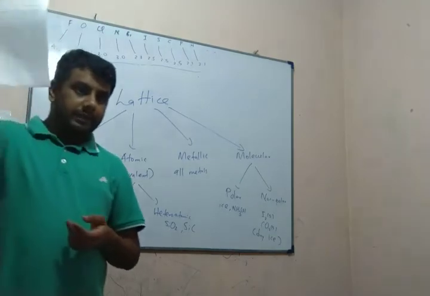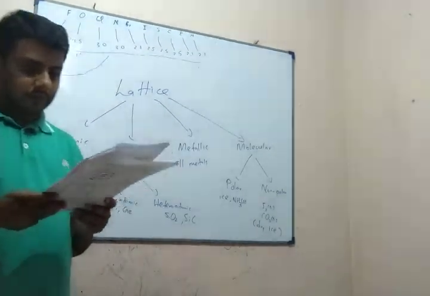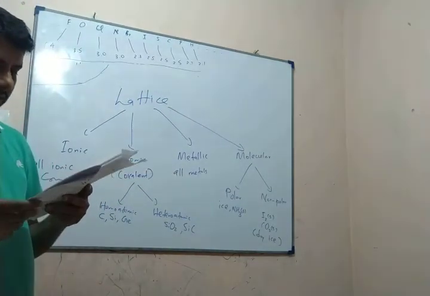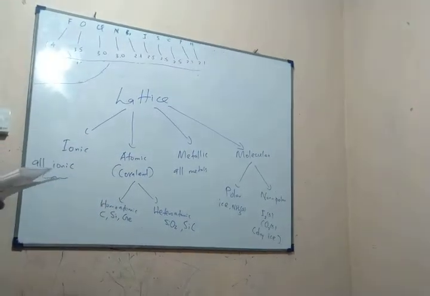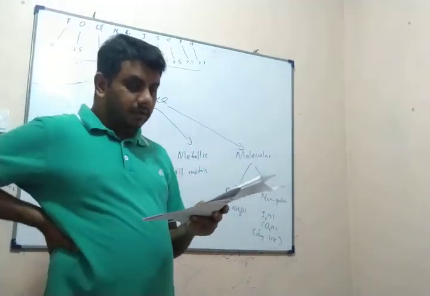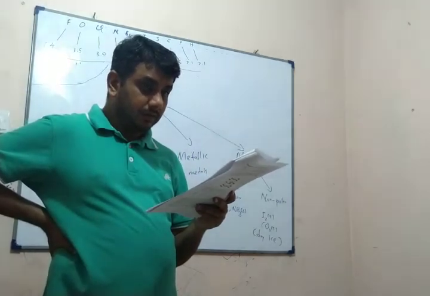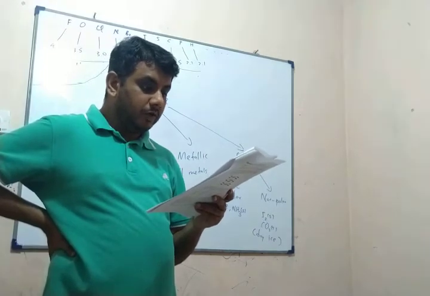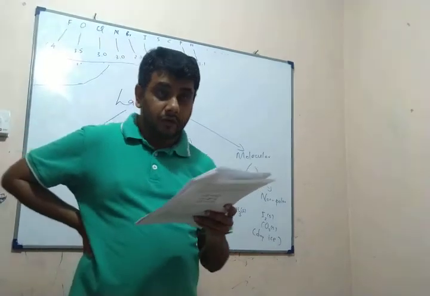Next page. There is a chart, see that table. Types of particles: homoatomic lattice, heteroatomic lattice.